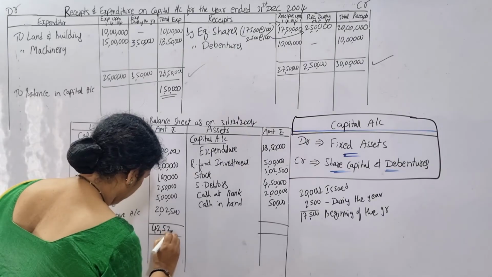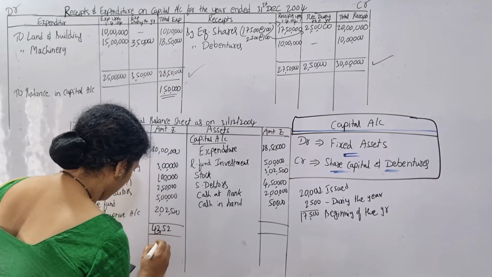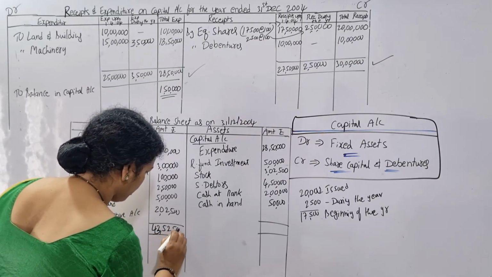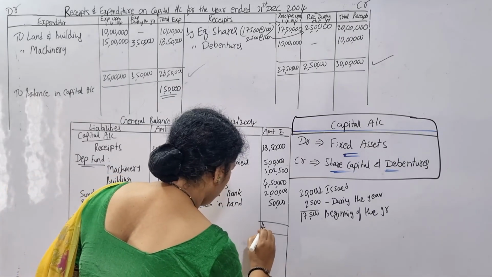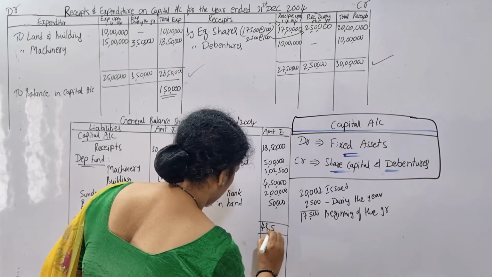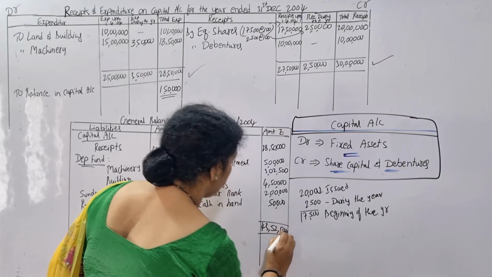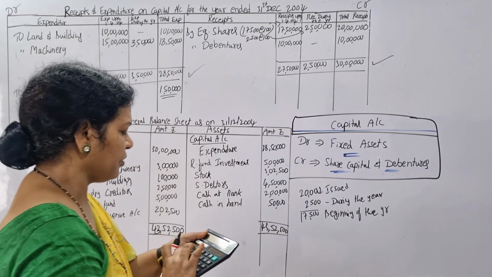Same amount here also you have to get, 43 lakh 52,500. If you want you can check it out.